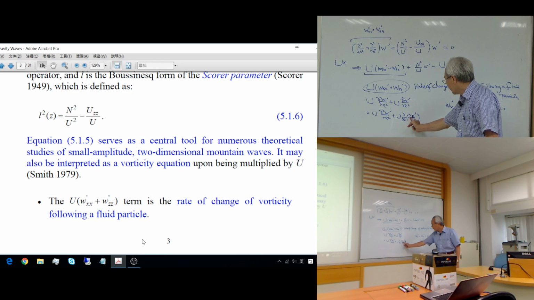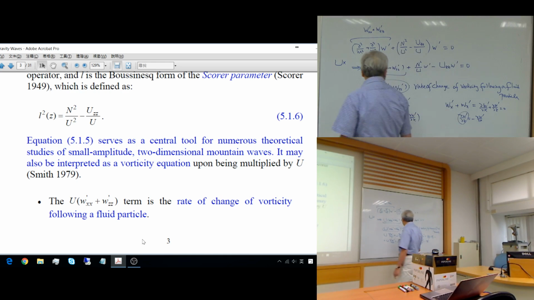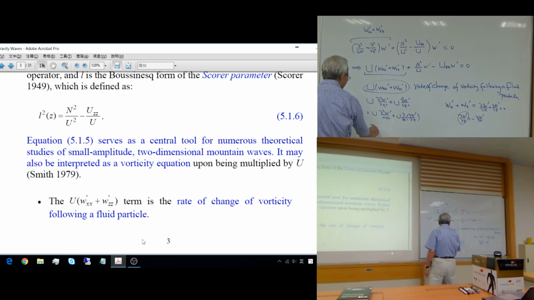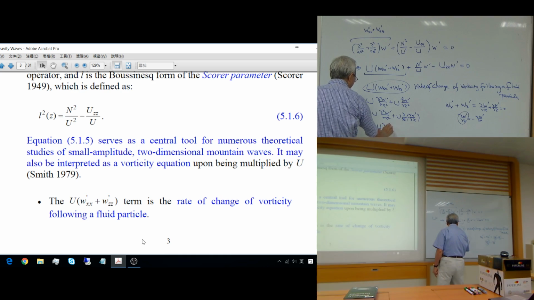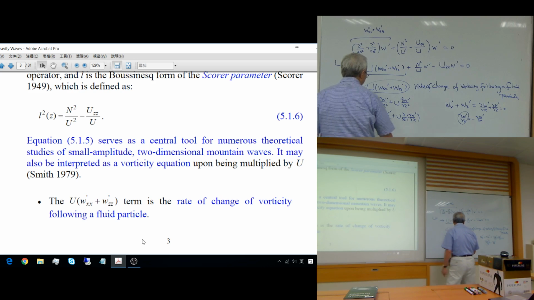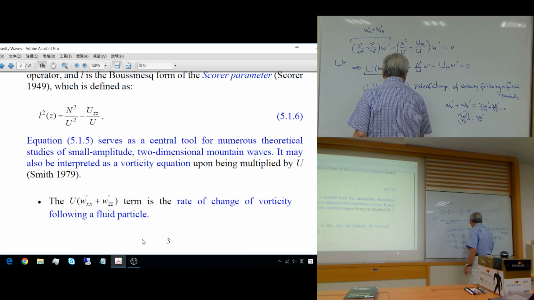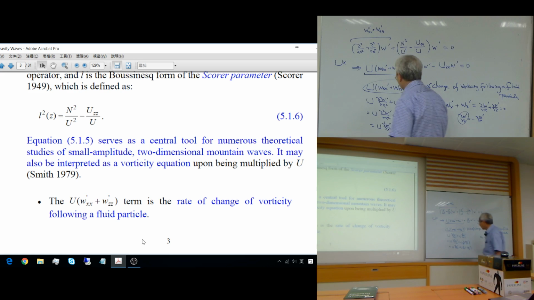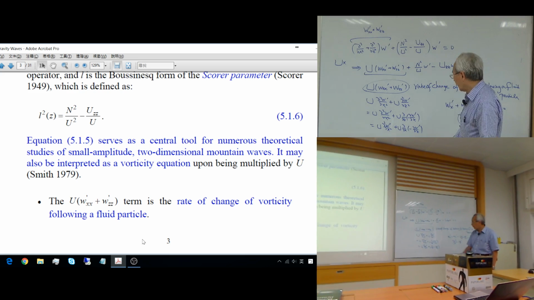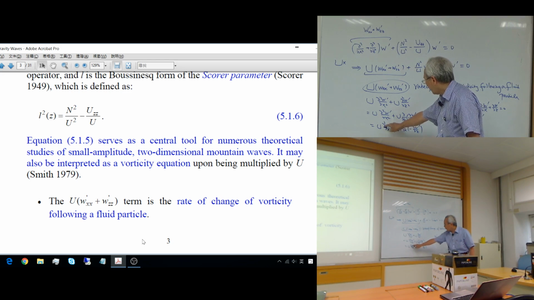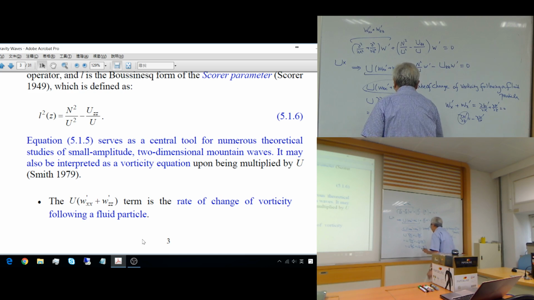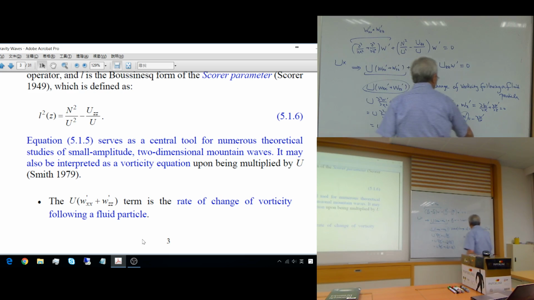We swap this and bring the negative out, and I bring one partial x out.